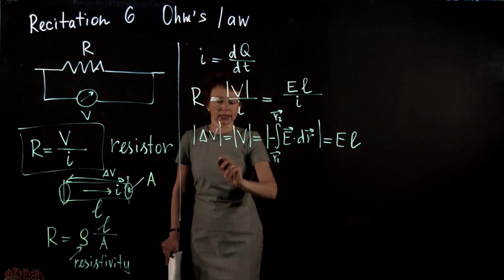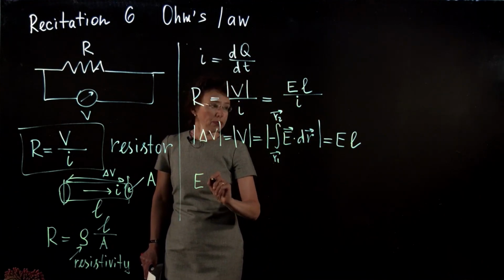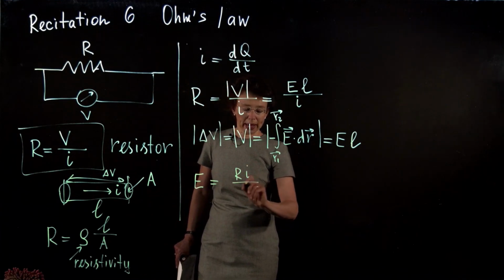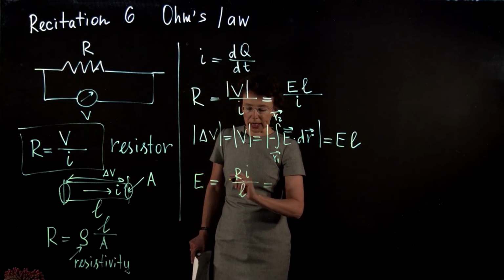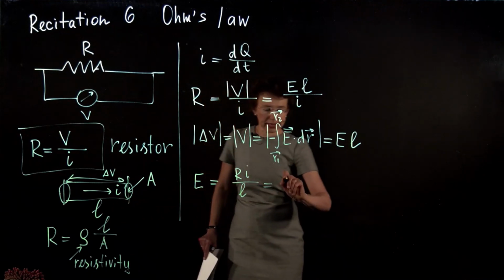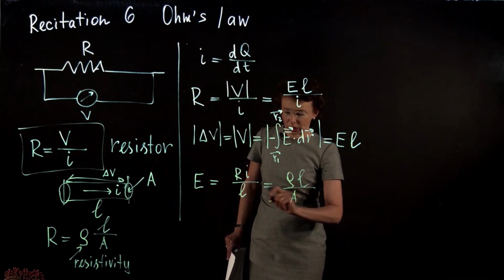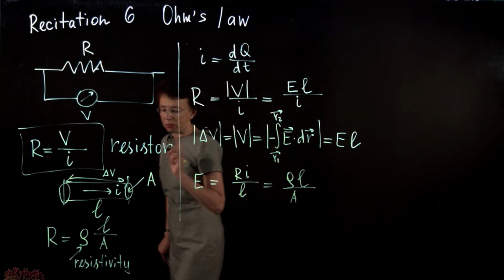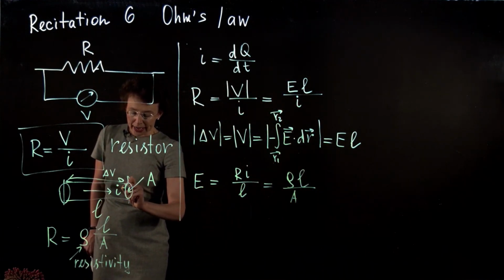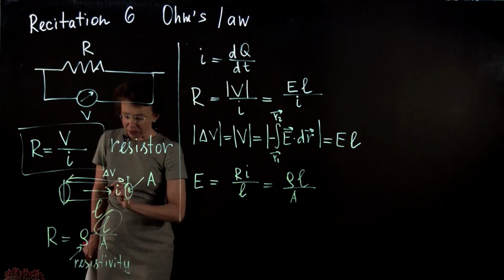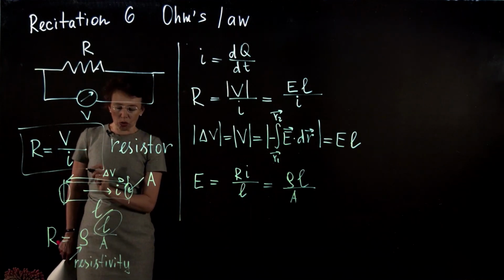Now let's rewrite it. I have E, which is RI over L, and we will write R as rho, resistivity, L divided by the cross-sectional area of the wire. I remind you one more thing: this L is in the direction of current flow.